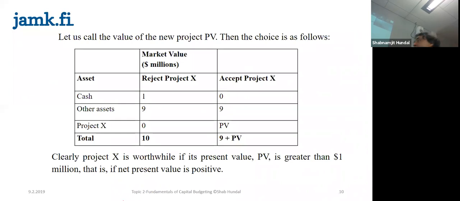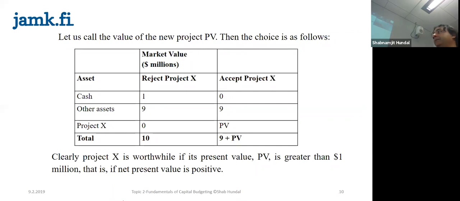But if 9 plus PV is equal to 10, then taking the project or not taking the project makes no difference. And if 9 plus PV is less than 10, then you may take a very bad decision. If 9 plus PV is more than 10, you should consider the project.